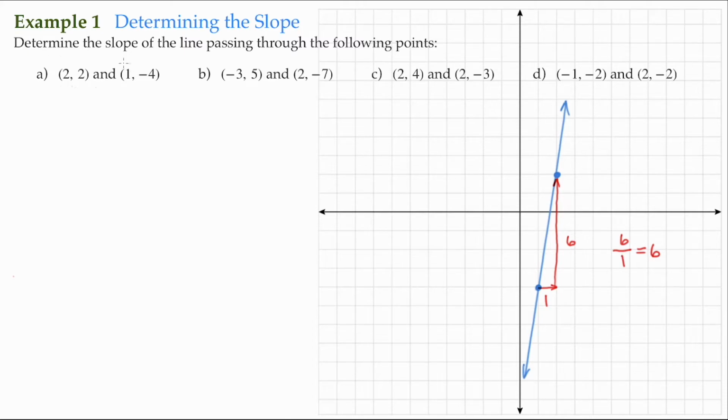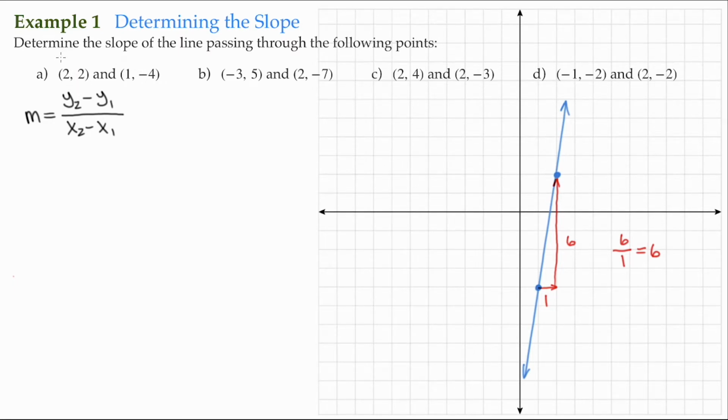So for the first one here, A, the equation for the slope of a line is m is equal to y sub 2, and that's how that's pronounced, minus y sub 1, the difference of the y's, over x sub 2 minus x sub 1, which is the difference of the x's. And the idea of the subscript is it helps us determine one set of ordered pairs from another.